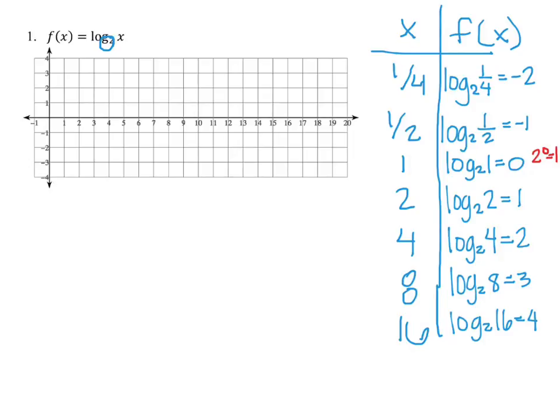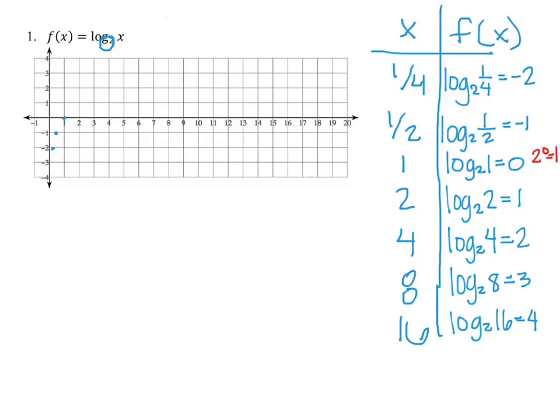So now I have a few points that I can put on my graph. At x equals 1/4, my output was negative 2. 1/2 gave me a negative 1.